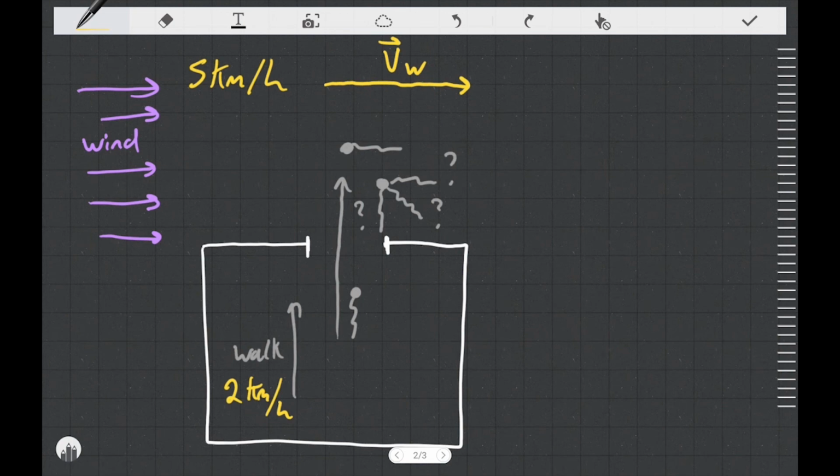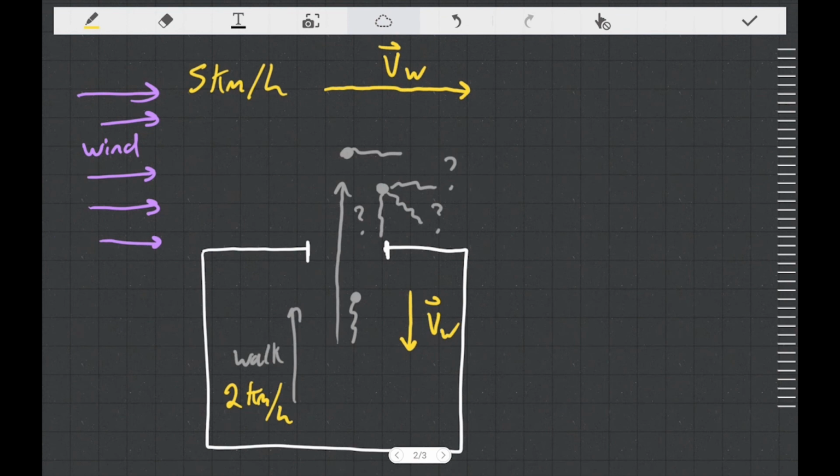And so what we're going to do is represent the walking, instead of with a vector for the person walking, as another wind speed. So we're going to draw it as 2 squares in the down direction. And we're going to call that, I guess, also V wind. That's a bit confusing.